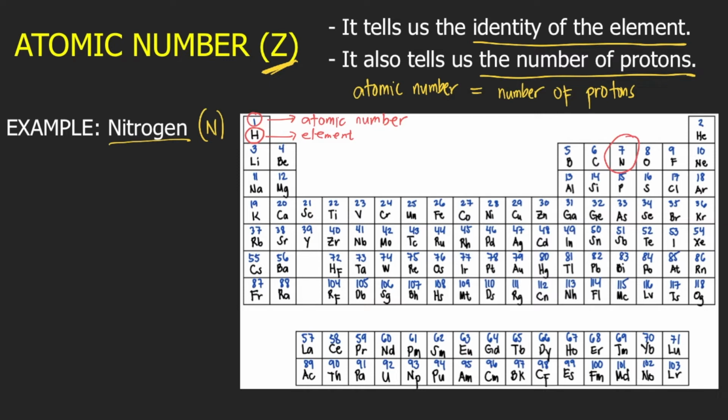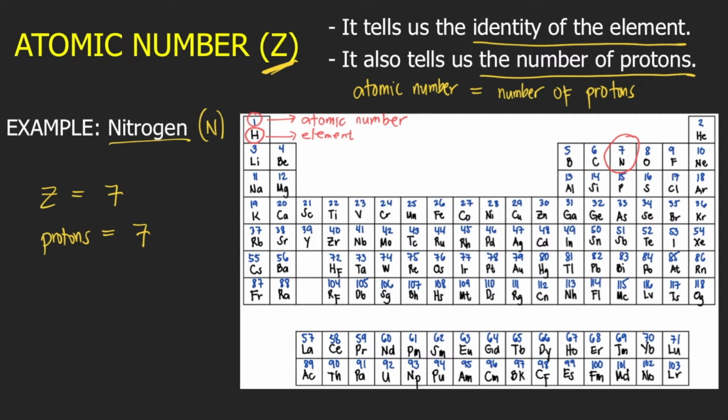So what is the atomic number of nitrogen? The atomic number of nitrogen is 7. How many protons are in the nucleus of a nitrogen atom? Again, also 7, because atomic number is equal to the number of protons. So that's it. I think it's pretty clear and straightforward.